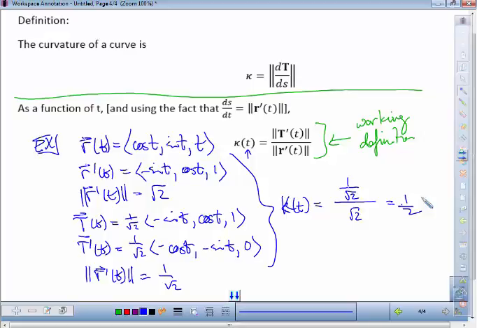Is it 1/2? Did I do these magnitudes correctly? Okay, I hope that's right.